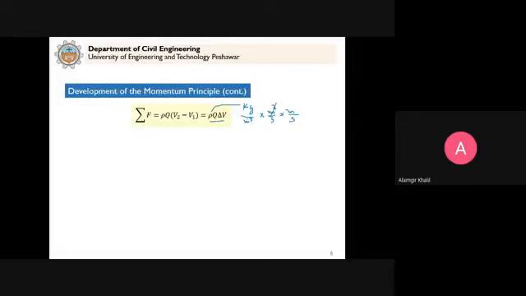Now this cancels out with this, and what are we left with? We are left with kilogram mass into the velocity. So this is momentum, and then divided by the second, rate of momentum. So that's why rho Q delta V represents the rate of change of momentum.